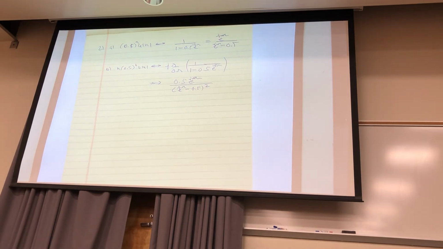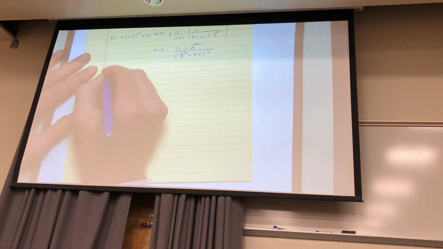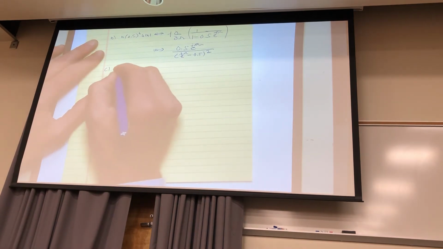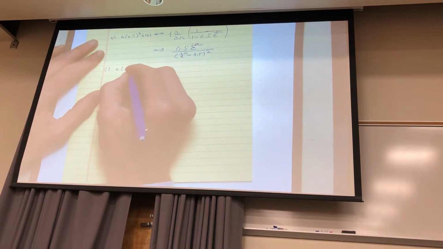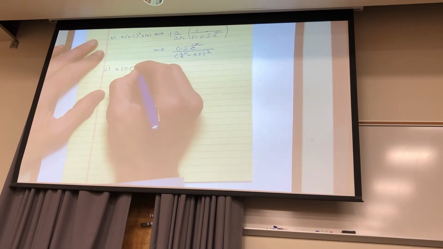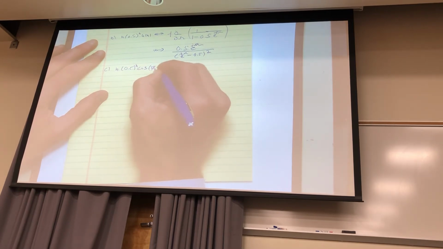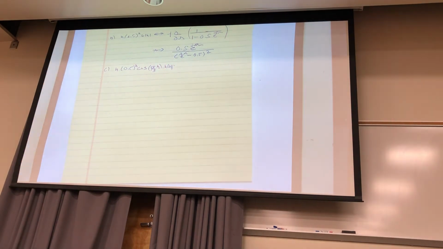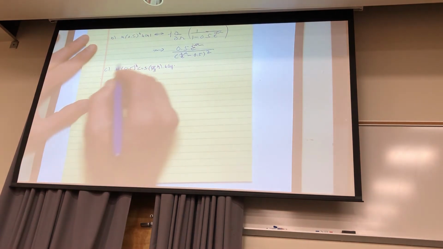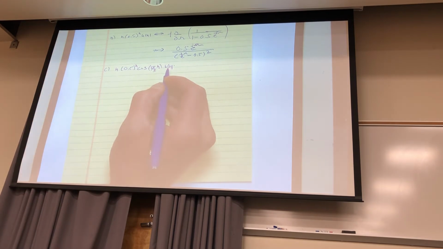All right, next, part C was n times 0.5 to the n times the cosine of pi over 3n times u of n. Now, again, there's a lot of variation in how you can come to the answer. You could go ahead and say, I'll take n times 0.5 to the n times u of n, do modulation.